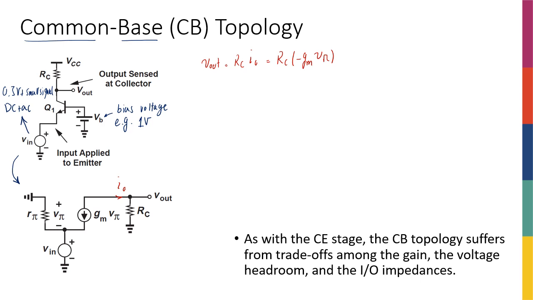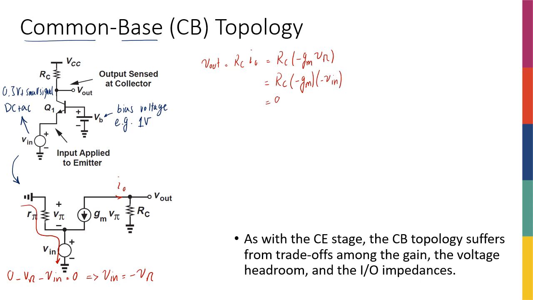But here I noticed that if I write KVL over this path, I can say that 0 minus V pi minus Vin is equal to 0. Therefore, Vin is equal to negative V pi. So I can replace V pi with negative Vin: RC times negative gm times negative Vin.